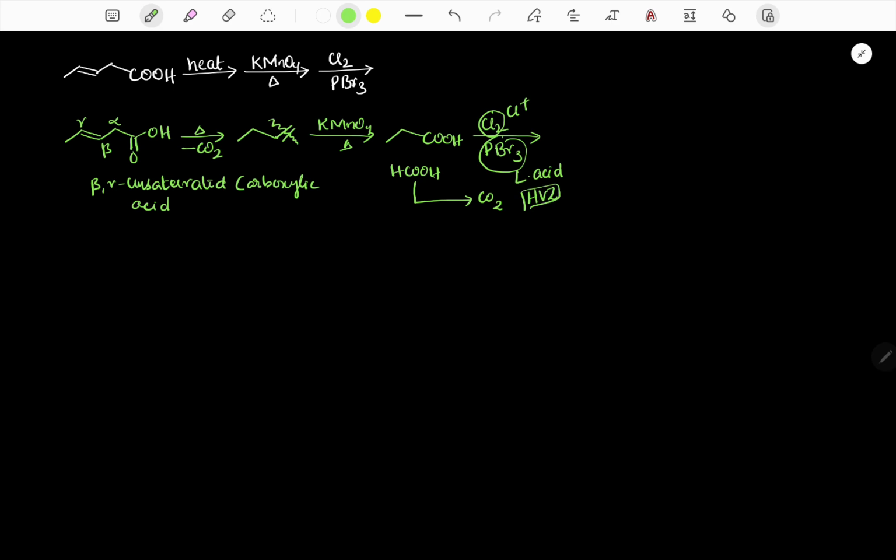In the HVZ reaction, if an alpha proton is present, this alpha proton is replaced by the electrophile, and the electrophile attaches to the carbon from above the plane as well as from below the plane. So it is an alpha chloro acid.